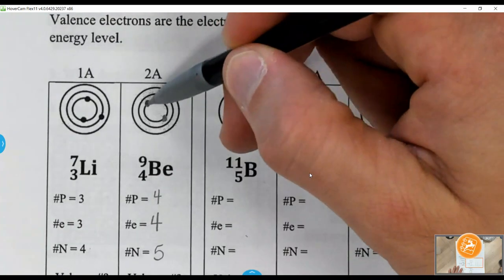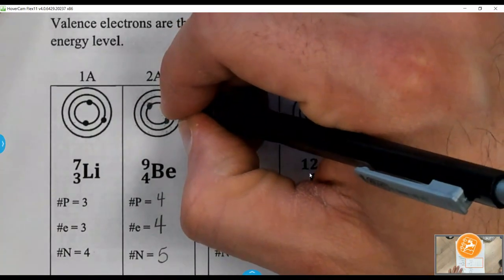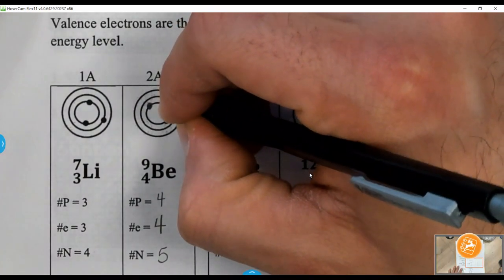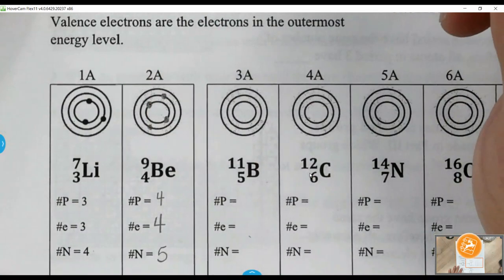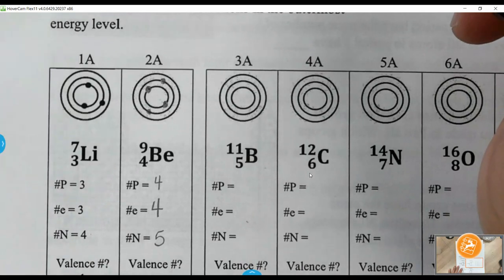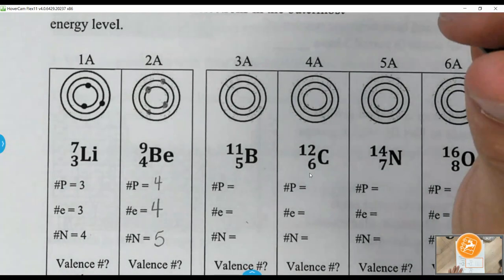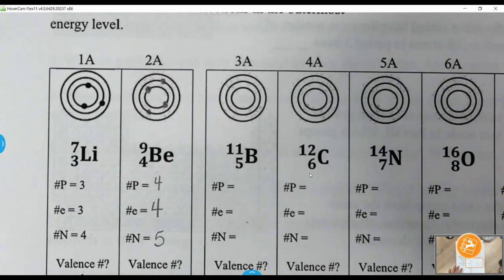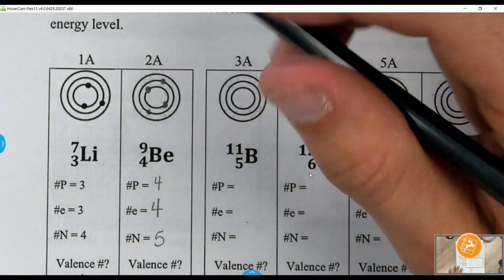Because we have a total of 4, so we have 1, 2 left. So not in that first ring, now it's in the second ring. We're going to put in 3 and 4. So the remaining 2 electrons go in the second energy level.